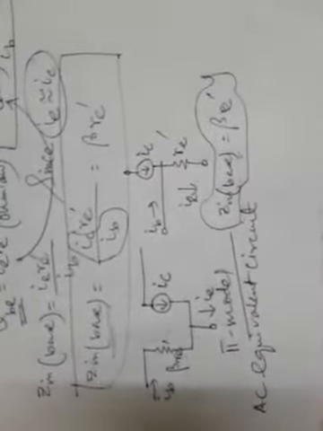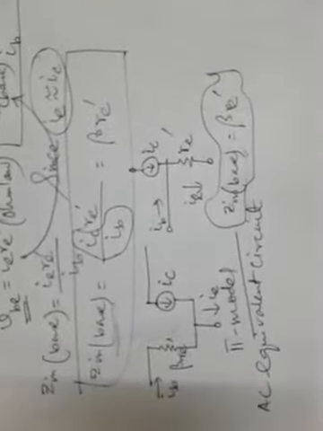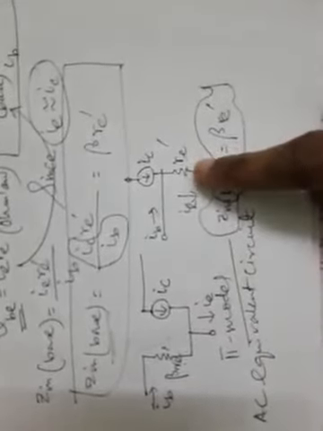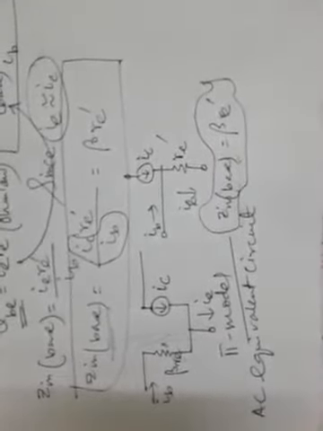So we can say that the pi model is easier to use than the T model for different reasons, and this is equivalently drawn like this, as previously we have seen about the T model also.